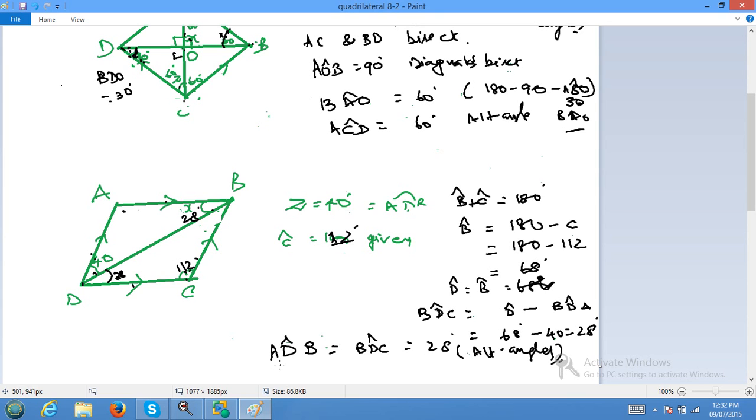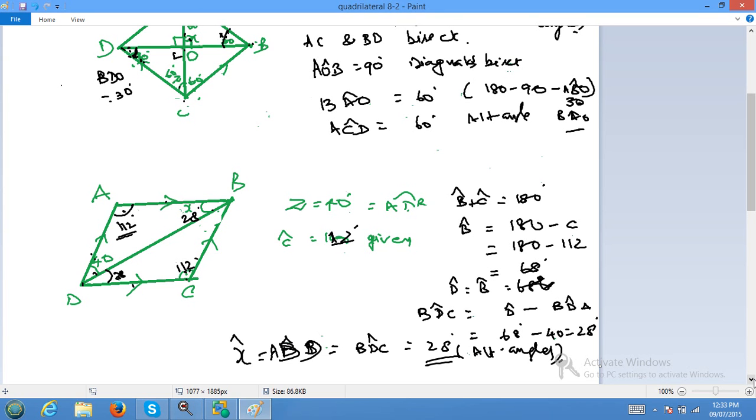Sorry, this is ABD, not ADB. So this is angle x. X is equal to 28 degrees. So what is angle A? Angle A is also equal to 112 degrees.